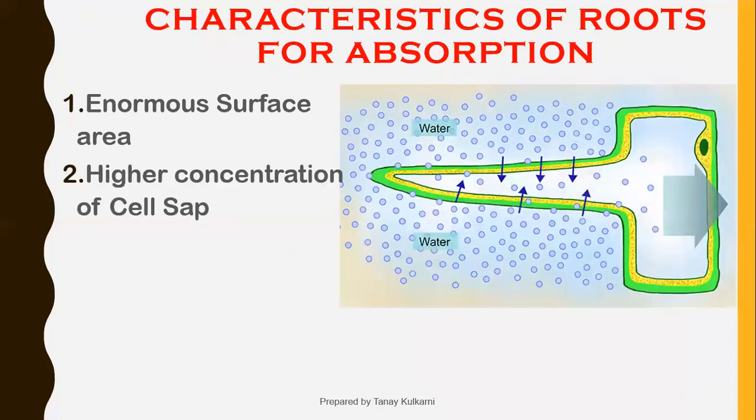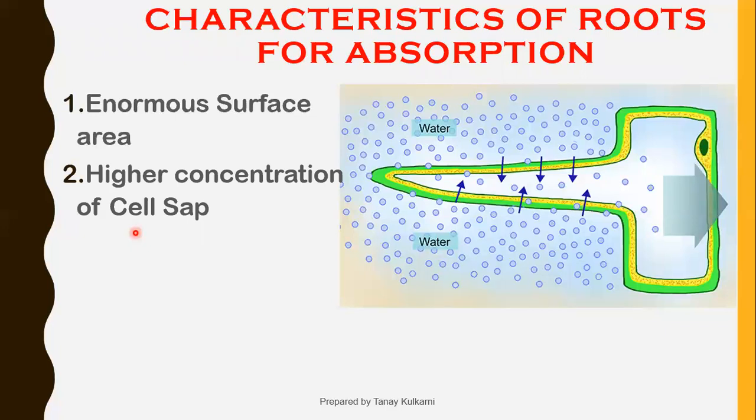These root hairs contain a maximum concentration of solute inside them. As you can see here, this is the section of a root hair, and outside the root hair you will see the water molecules which are accumulated.